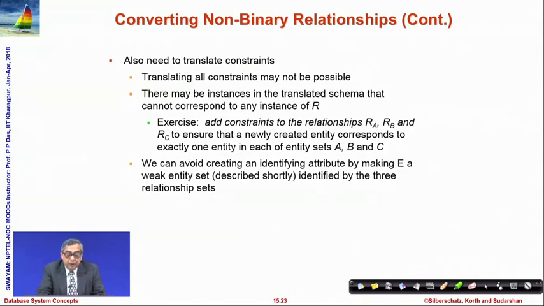It may not be possible, and there may be instances in the translated schema that cannot correspond to an instance of the original relationship. So, we will have to take care of this situation by identifying attributes and making use of the weak entity sets, which we have already seen in our earlier discussions.